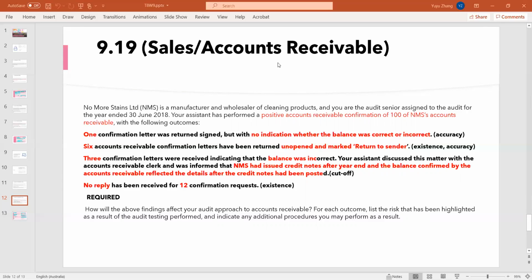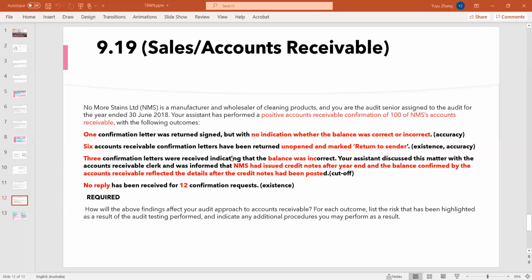So basically, it is about accuracy, but to be more detailed, it is about the cut-off issue. So here, you wonder whether you should do more cut-off tests or not, right? The last one, no reply has been received for 12 confirmation requests. So do those debtors exist or not?